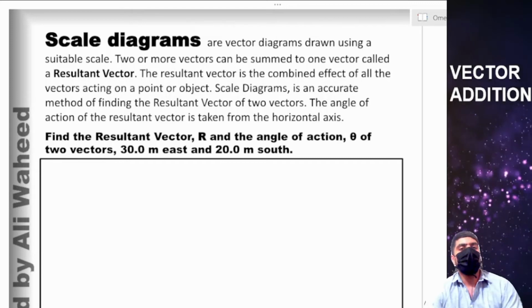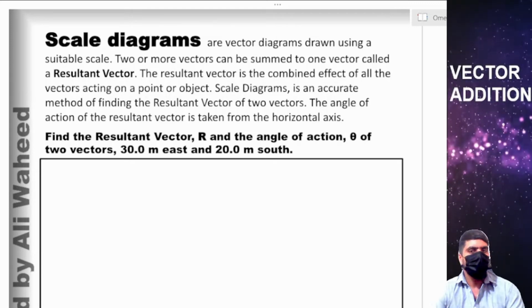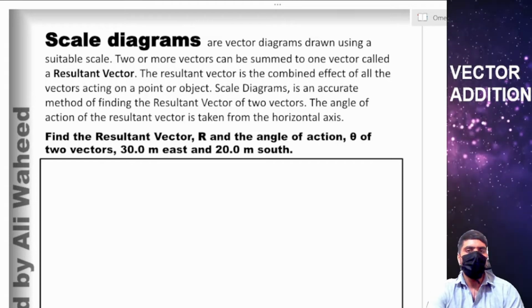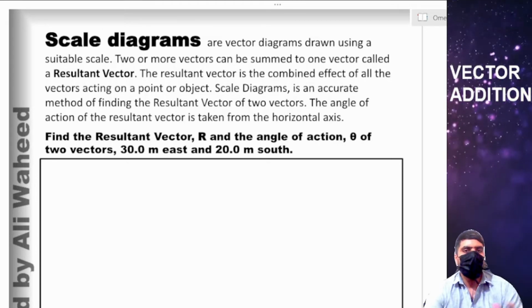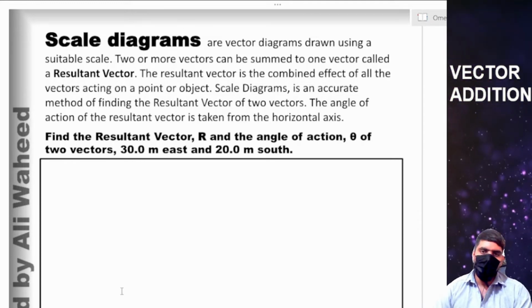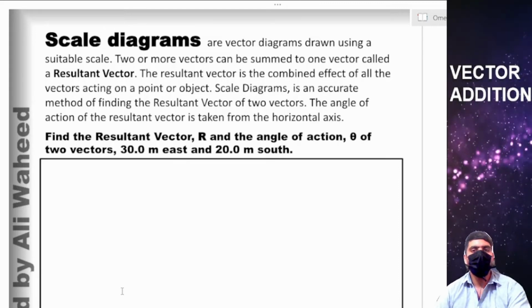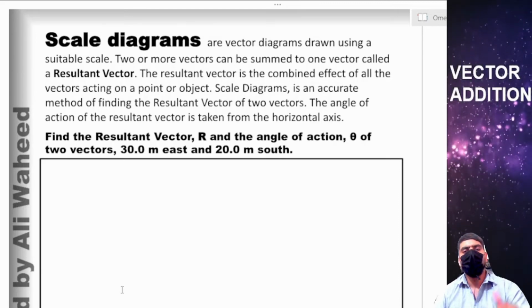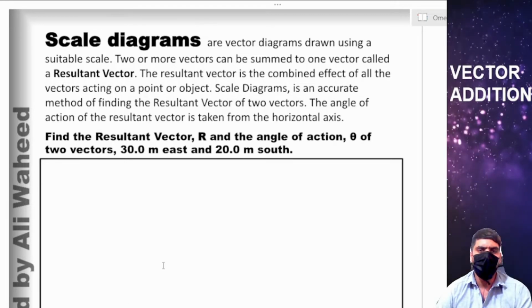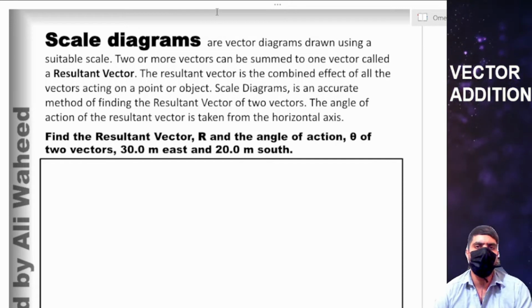This is called the scale diagrams. Two or more vectors can be added by using the scale diagrams. No matter if the vectors are parallel to each other or perpendicular to each other or at any angle, you can simply add them by using this method that is called scale diagram.